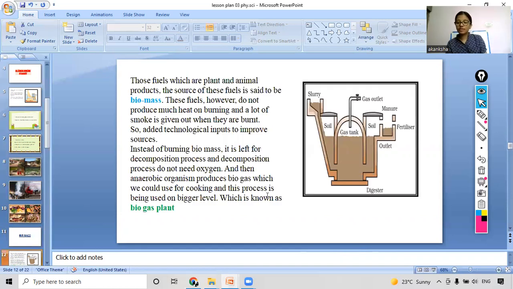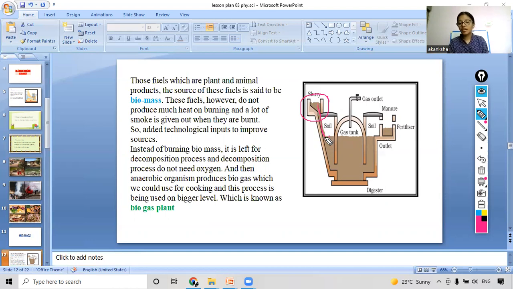So this is a biomass plant structure, and as you can see, this is a tank right here, the slurry tank. In the slurry tank, all the biomass is collected, like the kitchen waste and the animal waste. All these are collected and mixed with water and soil in this slurry tank, and then from the slurry tank, it is released into a bigger tank, or we can say the digester.